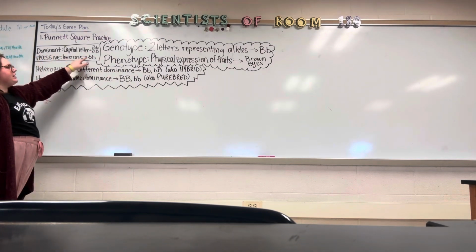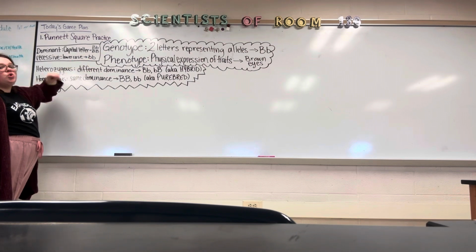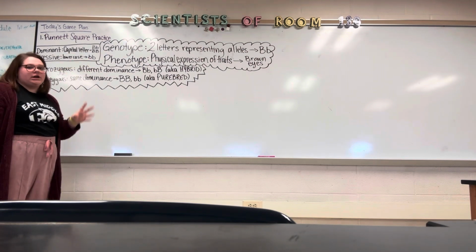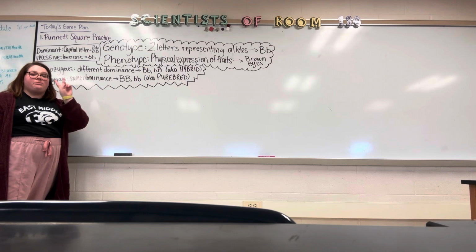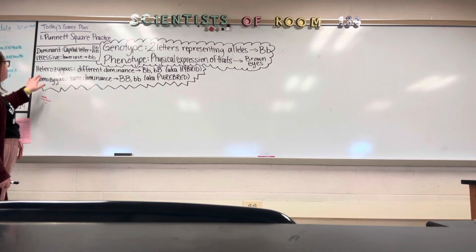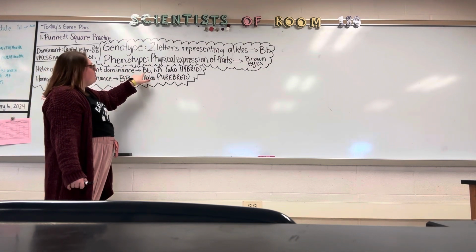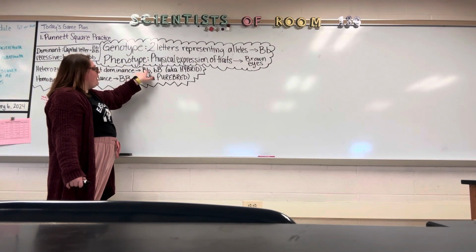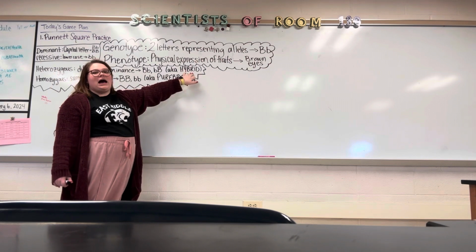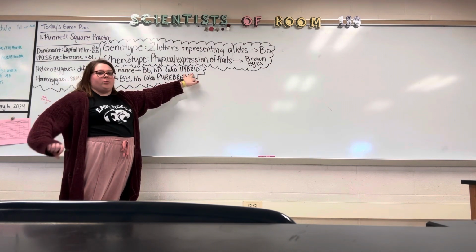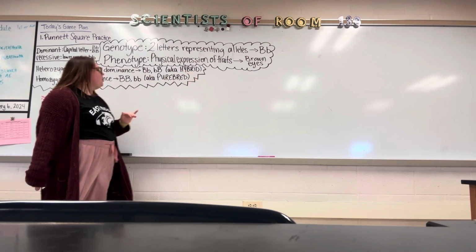Recessive, lowercase letters. Has to be 2 lowercase letters together, not just the lowercase letter being first. It has to be both of them together. Heterozygous, different alleles, okay? So that's when we have a capital and a lowercase. This is also known as hybrid. You're going to see that on your worksheet. It's also known as hybrid.